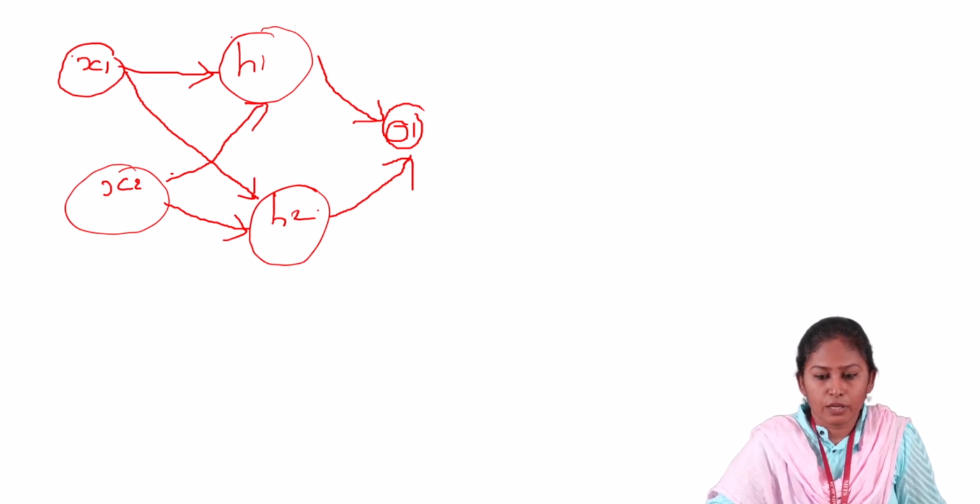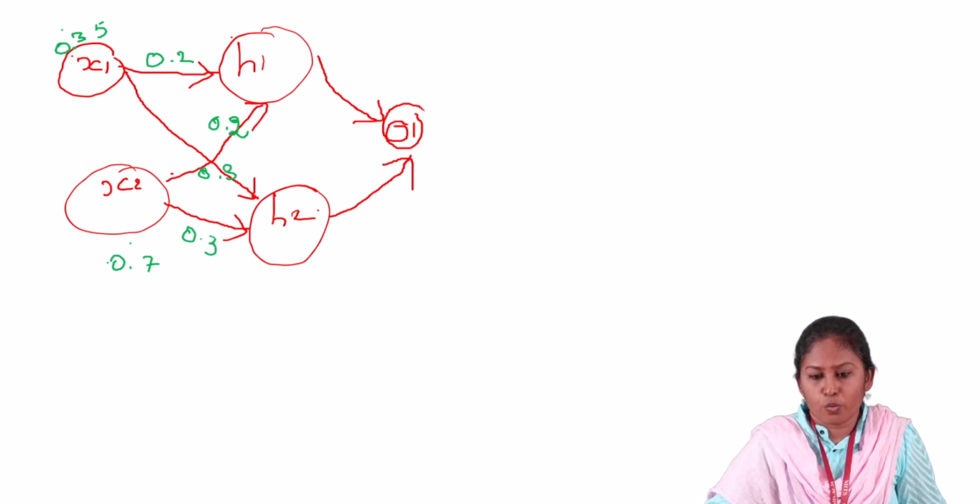Now let us assume the values. Let me use a different color so that it will be easy to identify. I'm having 0.35 for x1, 0.7 for x2, and here I'm assuming the weight is 0.2, then this also 0.2, here 0.3, 0.3.